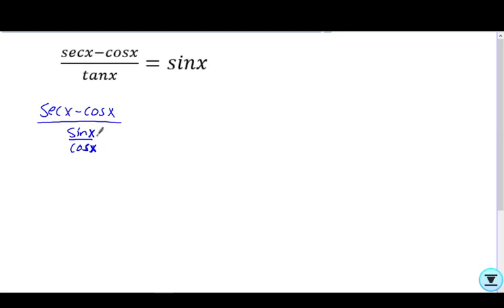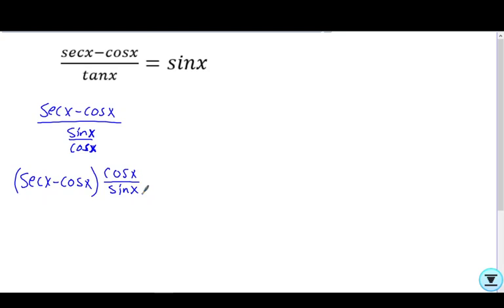Then at this point, you could multiply by the reciprocal. So you get secant x minus cosine x times the reciprocal of the bottom, which would be cosine x over sine x.